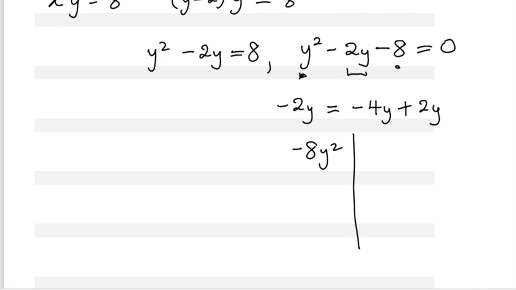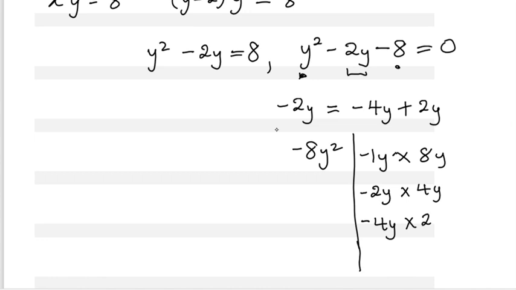So what are the factors of negative 8y squared? This could be negative 1y times 8y, and that one could be negative 2y times 4y, and the next one could be negative 4y times 2y, and then negative 8y times y. Okay, so let's add all these numbers up.